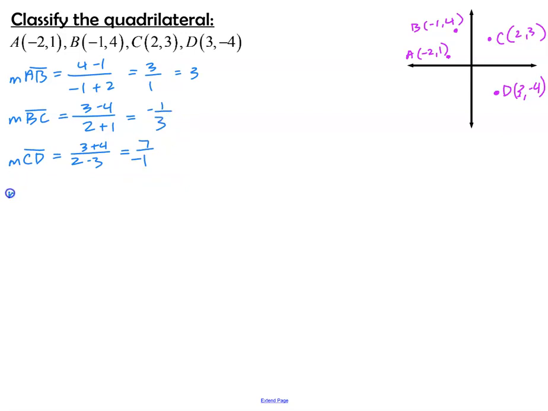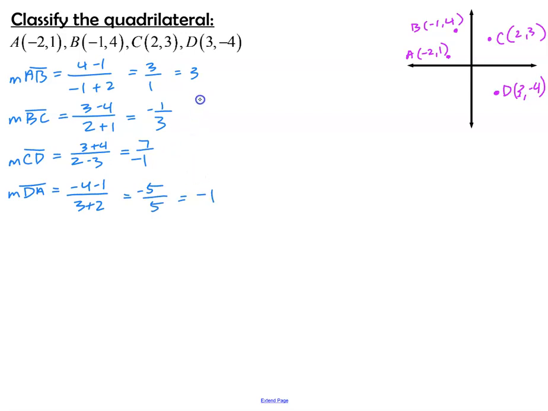So we have a chance that if this fourth side is parallel to BC, it could be a trapezoid. So let's find out. The slope of the last side, DA, is -4 minus 1 over 3 plus 2, which is -5 over 5, and that gives us a -1.